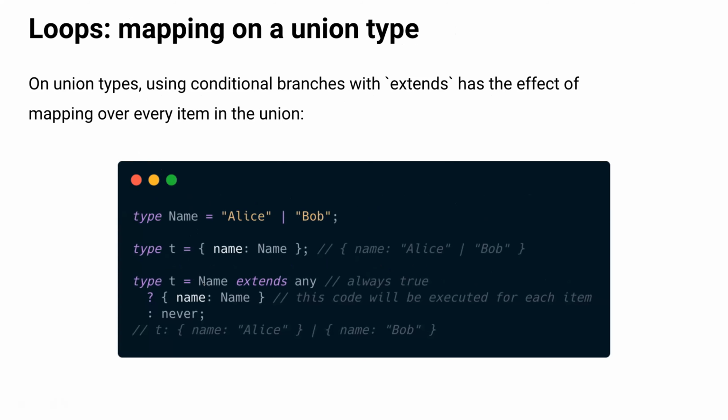But the name variable here is going to be, inside of this block, each element individually. So if I do T is an object with a name property, which is this name type, I get an object. But if I do it like that, I get a union type.